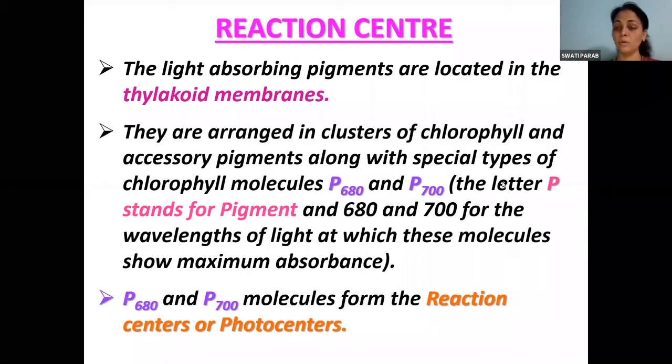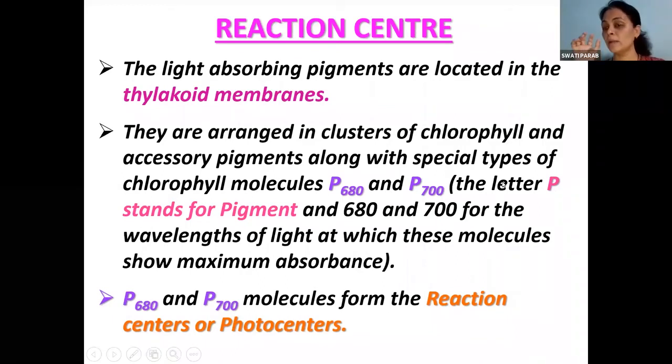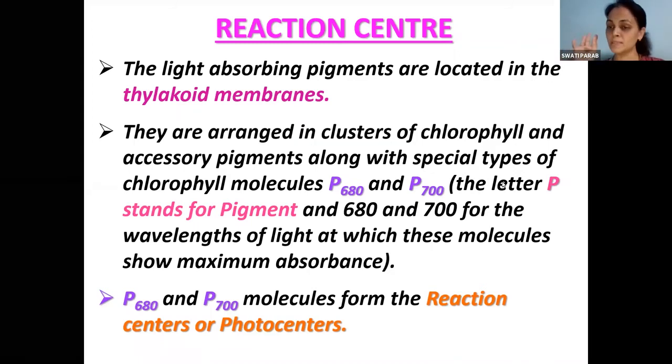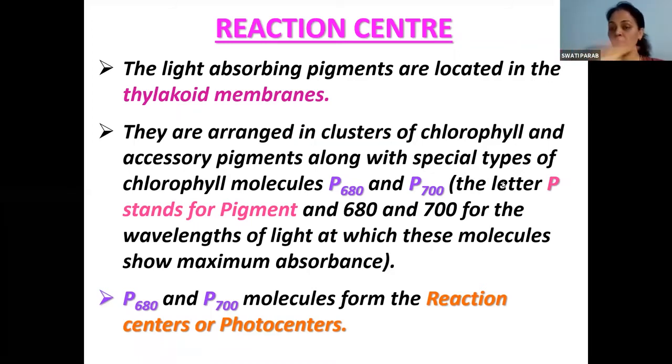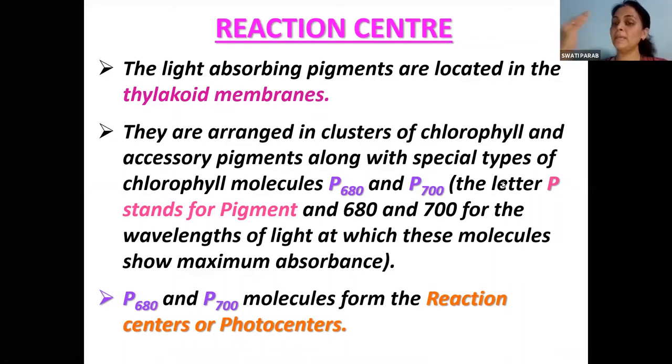As I told you, thylakoids contain all the pigments, accessory as well as chlorophyll pigments. All the pigments are in the thylakoid, isn't it? So if the photocenter, that is the P680 molecule of chlorophyll, is absorbing light at the wavelength 680.